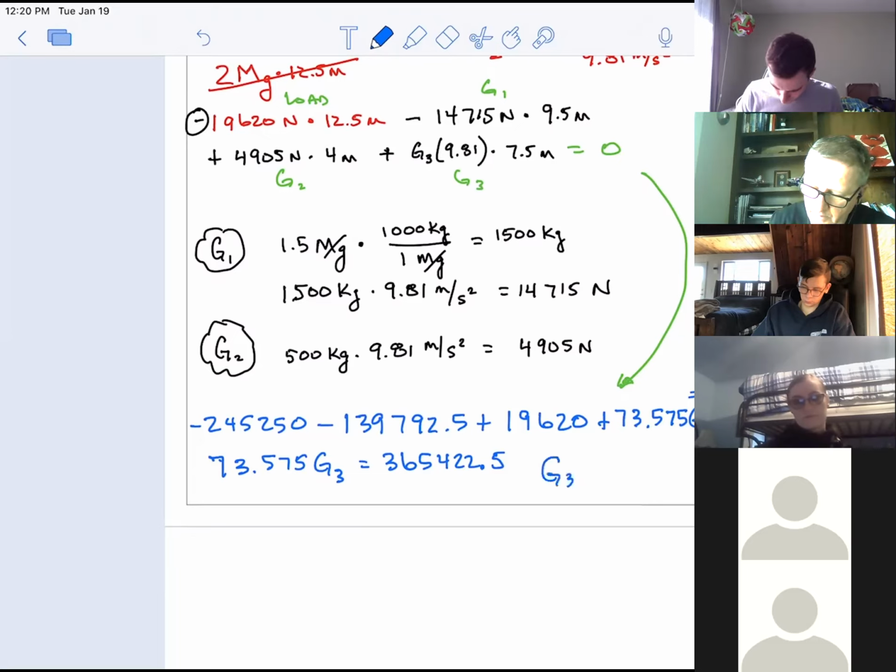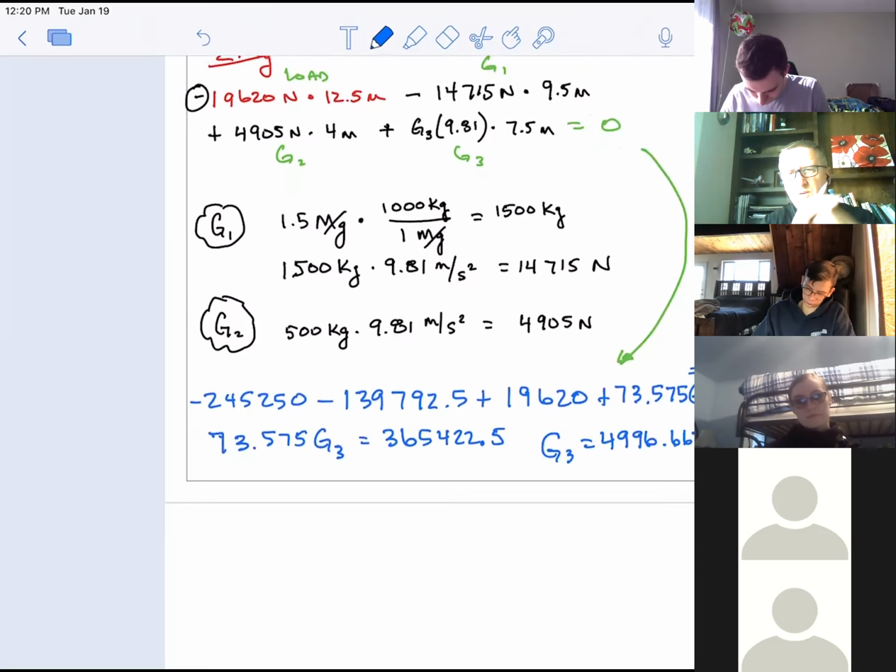So G3 is, I got 4996.66666. What are you going to see in the back of the book?